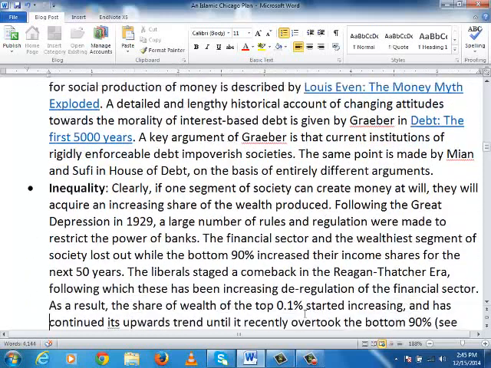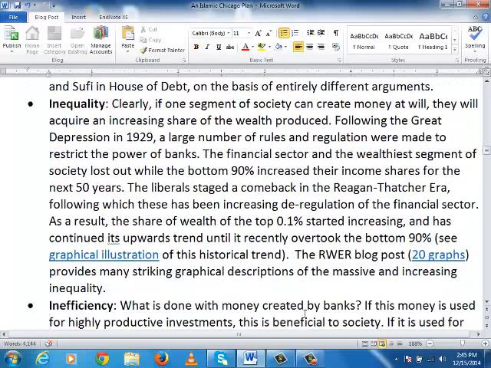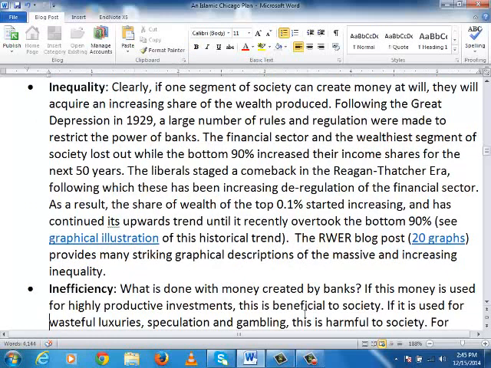Then there is inequality. If one sector of the society is authorized to print money, then they can get a huge amount of the share, and in fact that's what's been happening in the USA. There is a very nice curve.